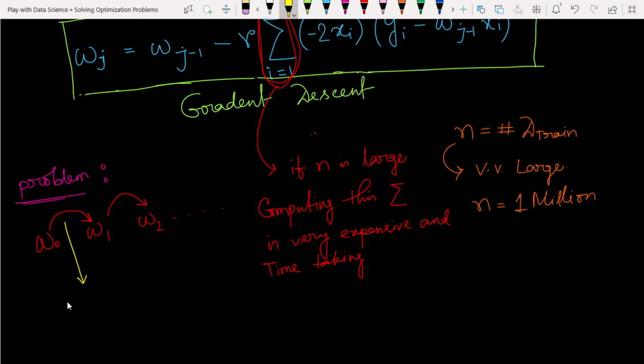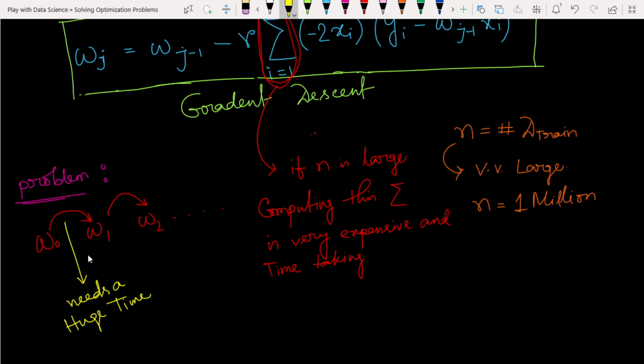If each iteration takes huge time, then in the real world it is impossible.